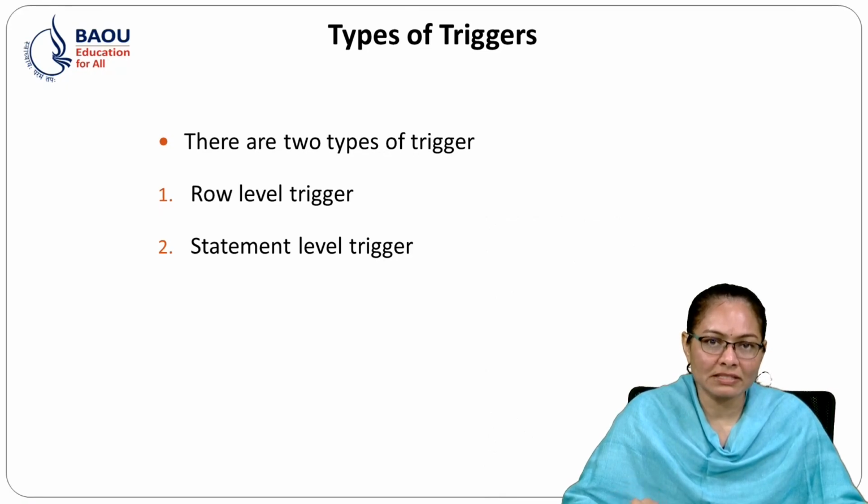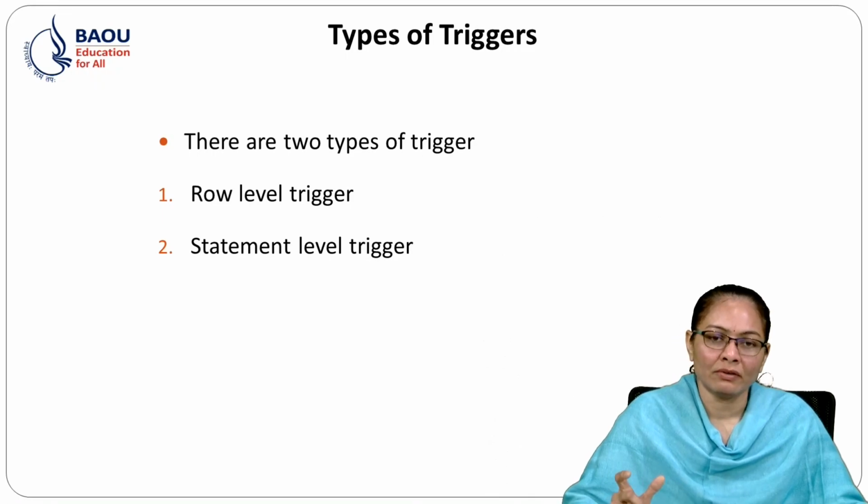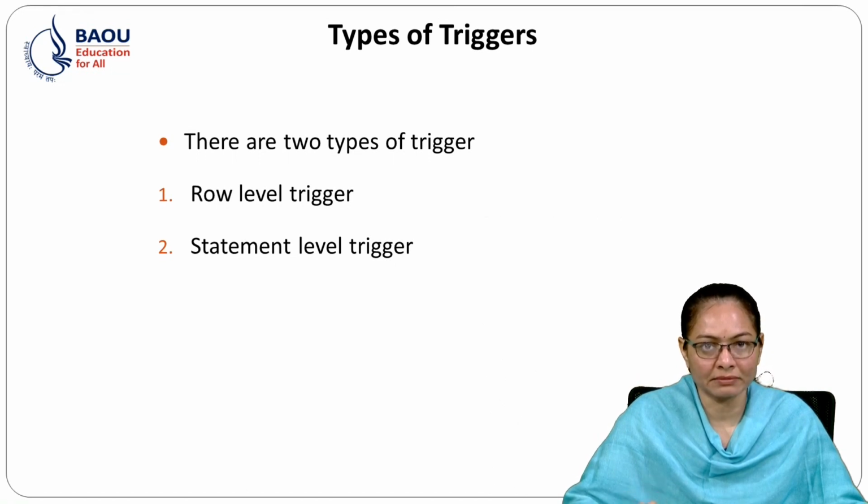In the case of insert, update or delete operations, the row level trigger occurs multiple times depending on the number of rows affected. For example, if we fire a delete statement, it will delete multiple rows of the table. Then the row level trigger occurs for each row affected by the delete statement. If the DML statement affects no rows, then the trigger is not executed.